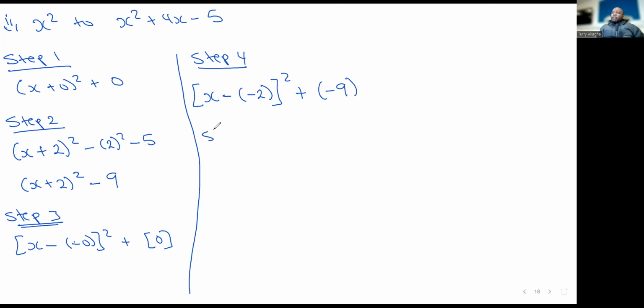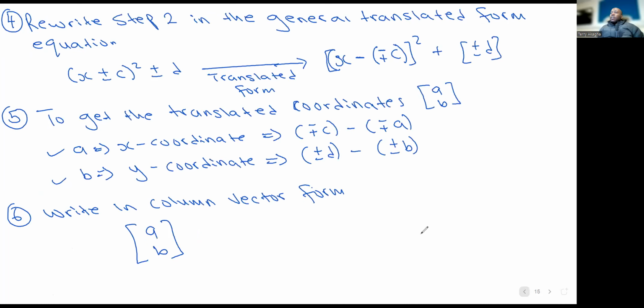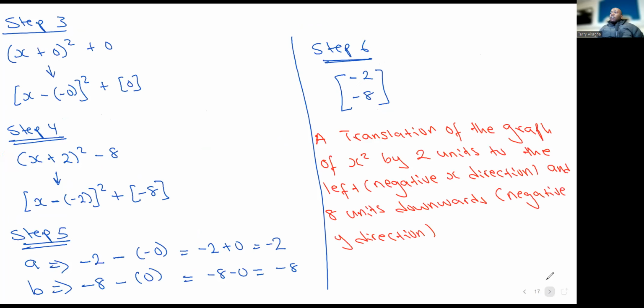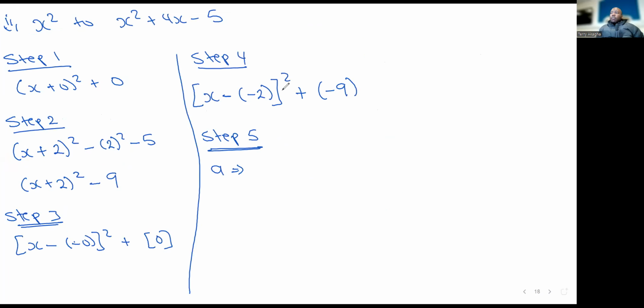Now, step 5. To get the a, if you remember what I said, the a is the answer from this value here minus the value you get here. So the value we have here is what?